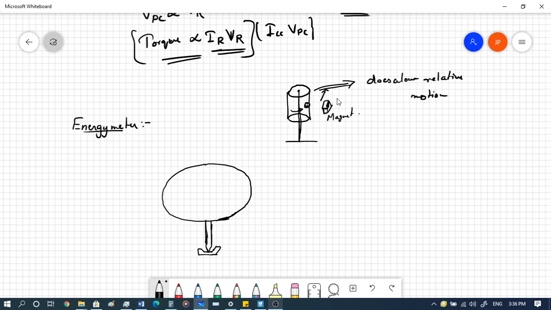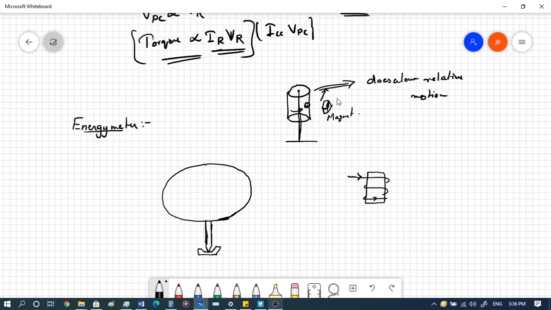It's very easy. You just need 3 electromagnets to produce a rotating magnetic field. Let's say you have one electromagnet with a current direction in this way.